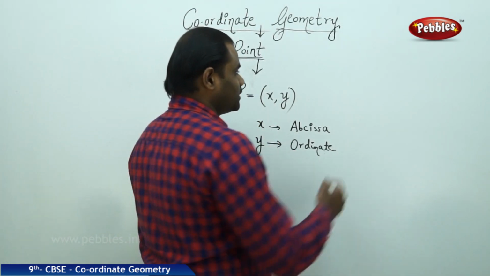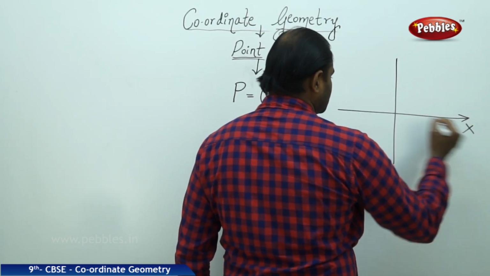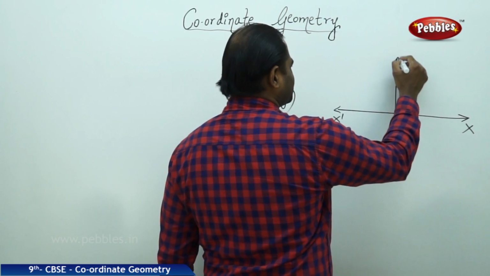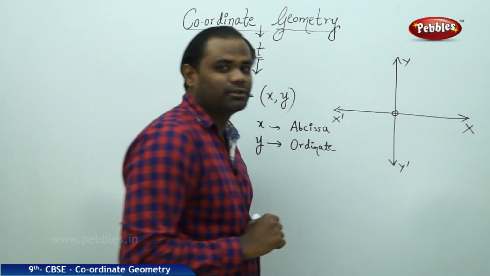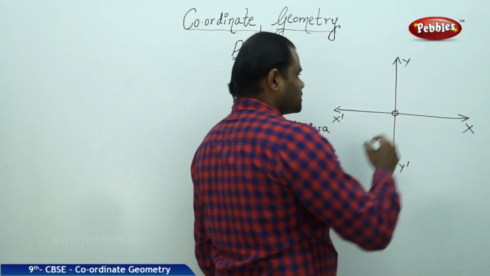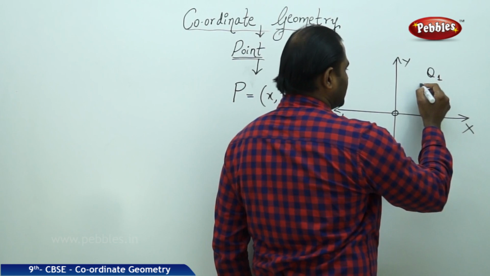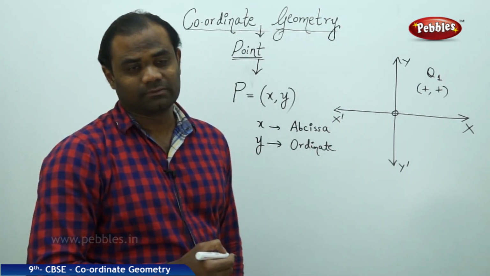So when we take a recap of the coordinate system, we understand that x dash and y dash are taken in the Cartesian plane with origin being the intersection point of the lines. Then in the first quadrant the abscissa is positive and the ordinate is positive.